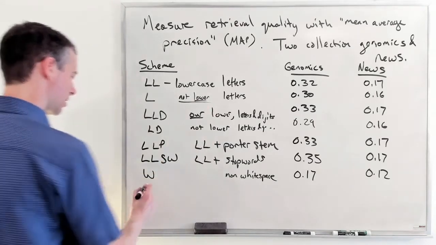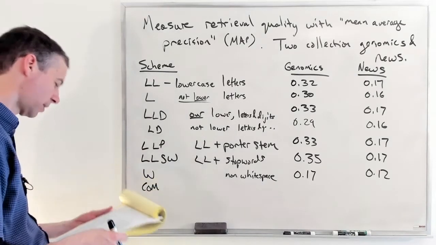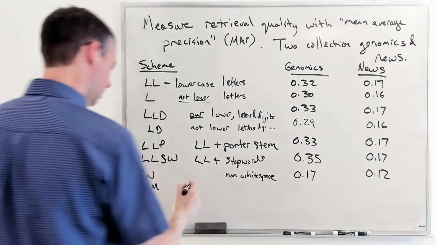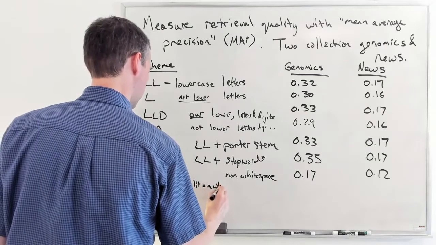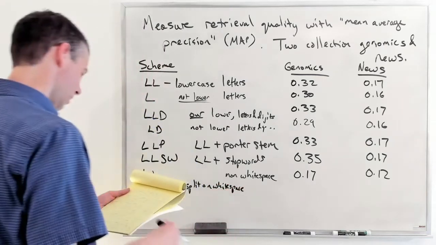Then they create what they call a compound tokenizer, and this one's pretty interesting. They're going to split on white space. So white space are things like spaces and tabs and so forth.